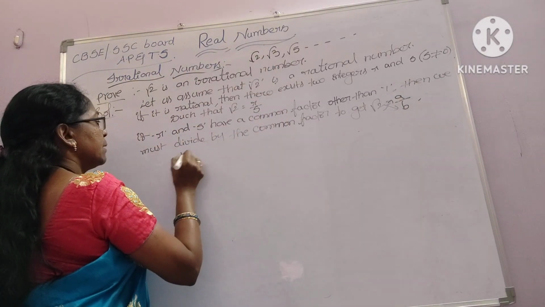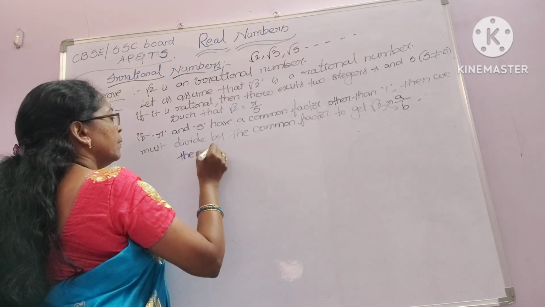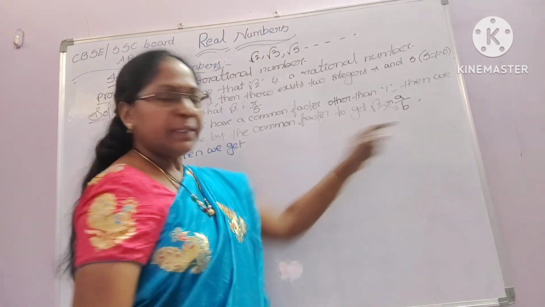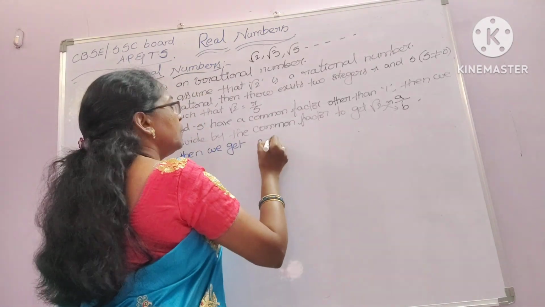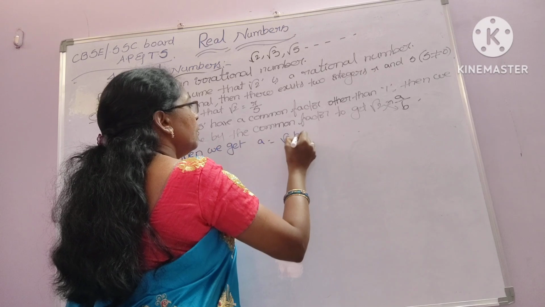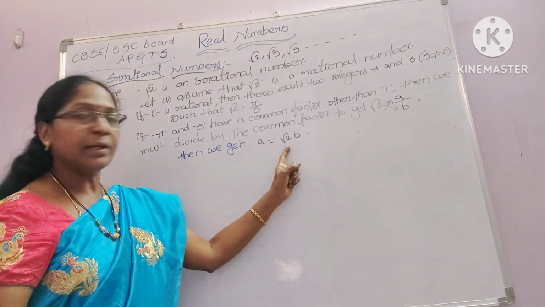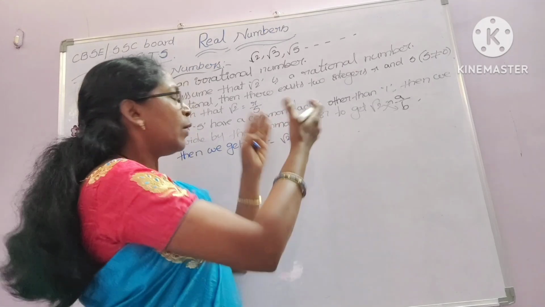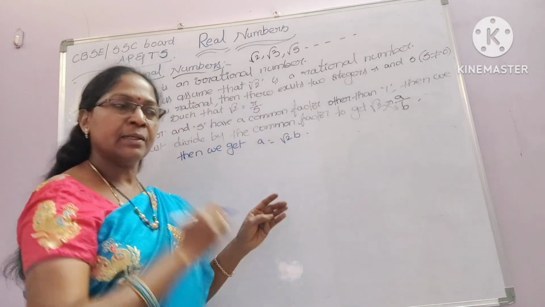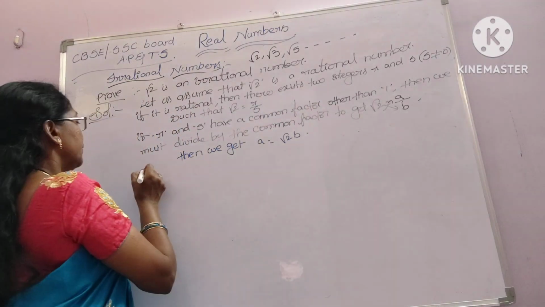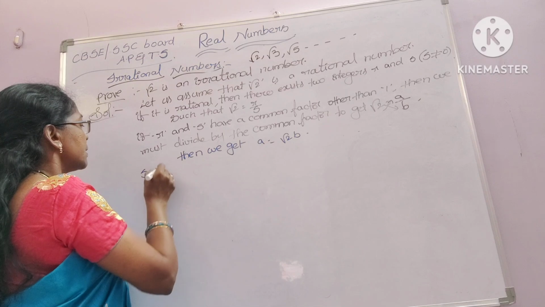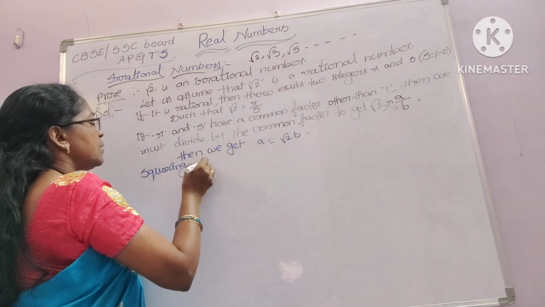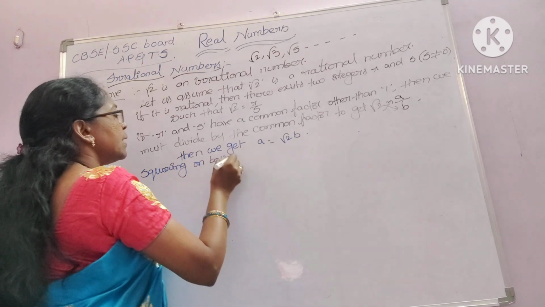Now root 2 equals a by b. Then we get, cross multiplying, a equals root 2 into b. Whenever a root term is there on one side or on both sides, for simplification you square on both sides.